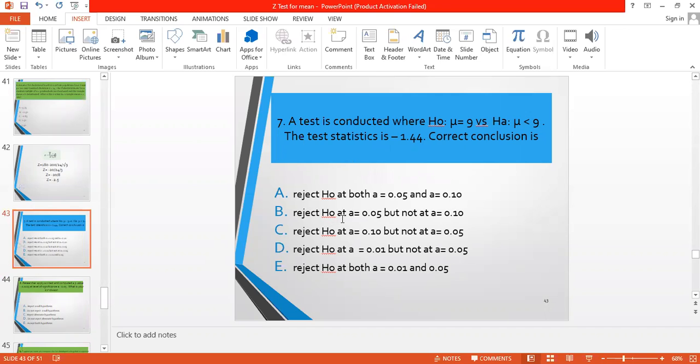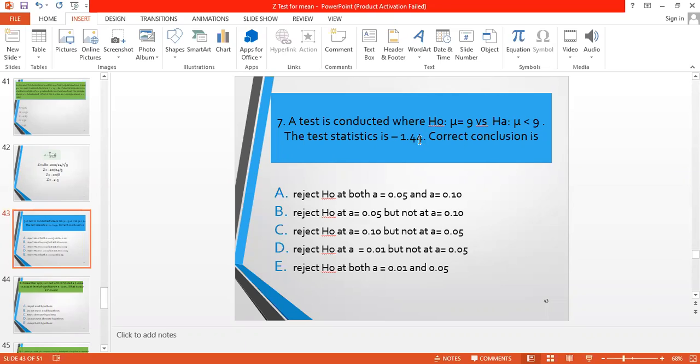Reject the null hypothesis at alpha 0.05 but not at 0.10. Reject the null hypothesis at 0.10 but not at 0.05. Reject the null hypothesis at alpha 0.01 but not at 0.05. Reject the null hypothesis at both alpha 0.01 and 0.05.